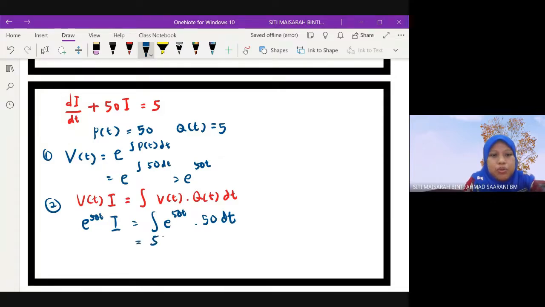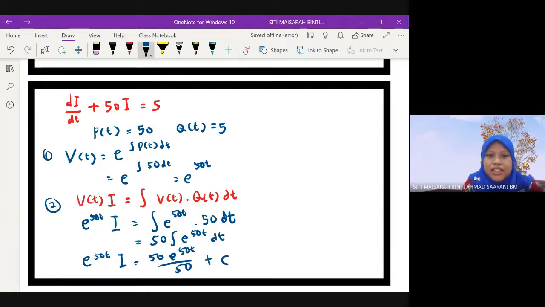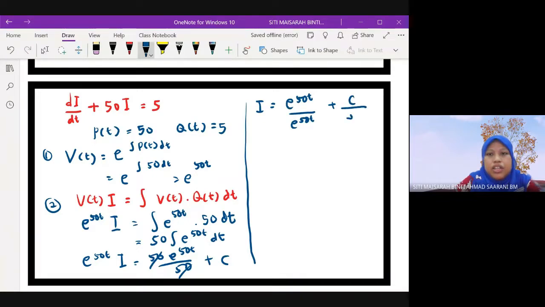So ni 50 boleh bawa keluar. Integrate E50T dt. So jadi kita dapat E50T I sama dengan 50 E50T over 50 tambah C. 50 bagi 50 boleh cancel lah. We can cancel out 50. So then I is E50T divide by E50T plus C over E50T.